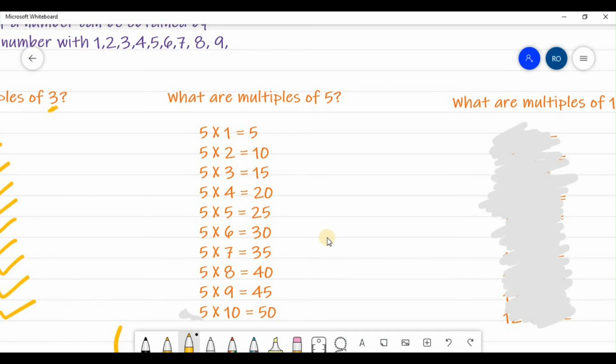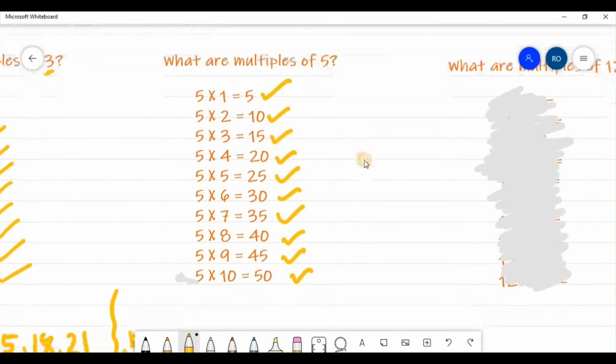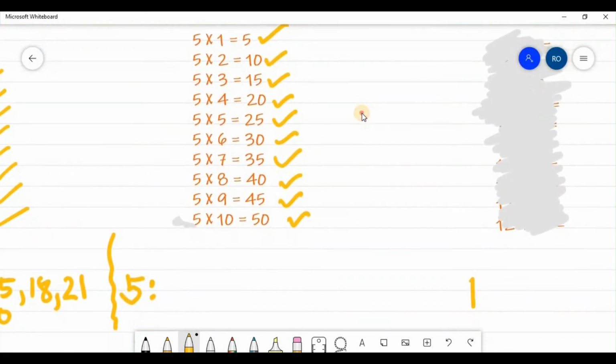Okay, so let's start by multiplying 5. So 5, 10, 15, 20, 25, 30, 35, 40, 45, 50. We just multiply 5 by 1 up to 10, since we are getting only the first 10 multiples of 5.